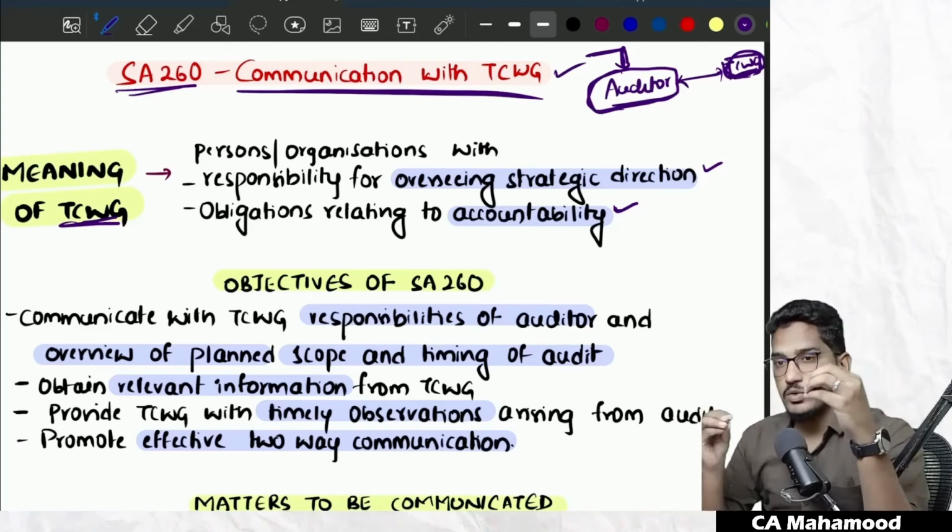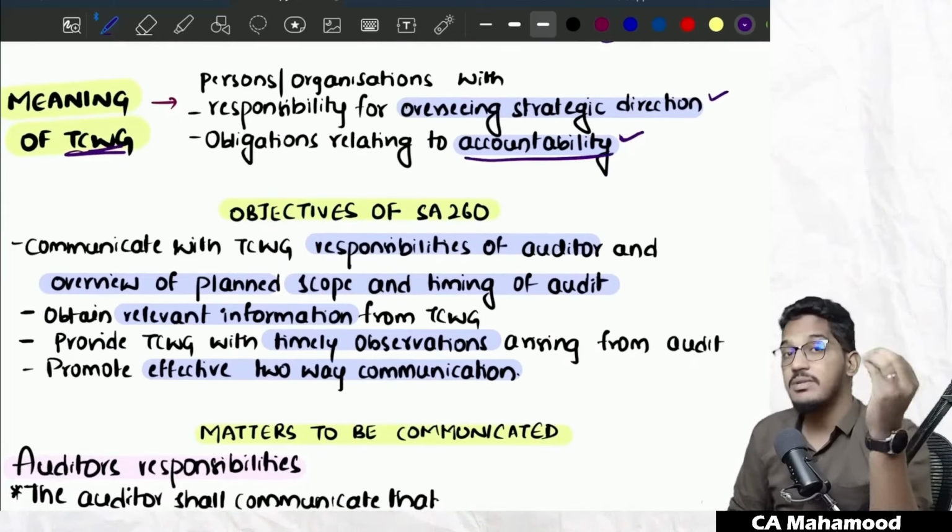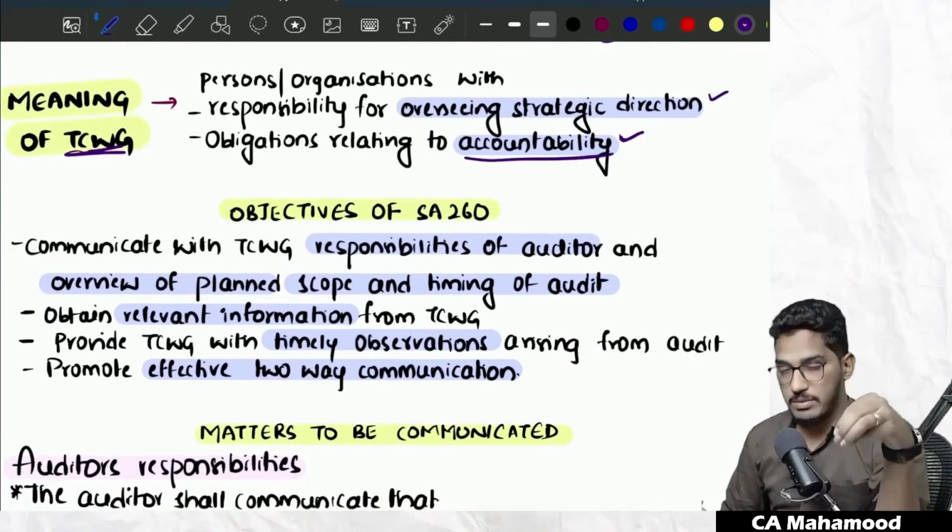Or if they want to expand or cut down, do further investments, or dilute their investments. So like this, the overall strategic direction, taking the organization ahead, that crucial decision-making responsibility is with those who oversee the strategic direction. And not just that, those who have the obligations relating to accountability. Sir, what do you mean by accountability?